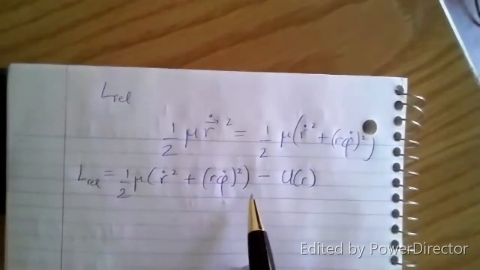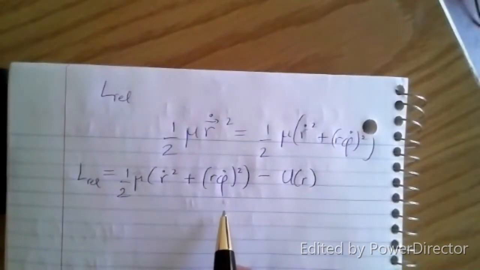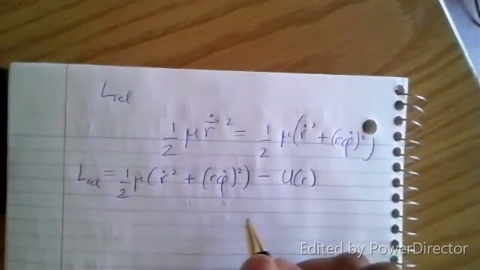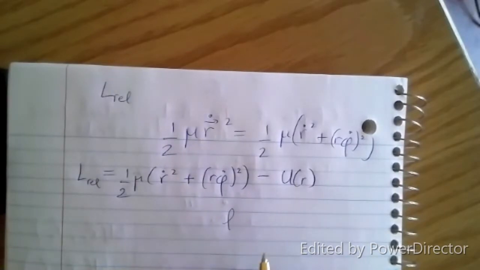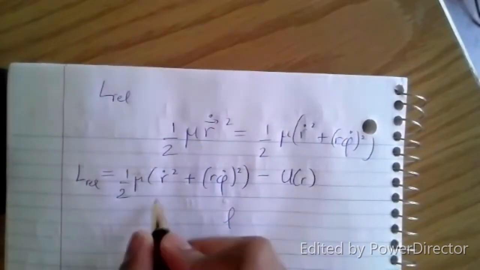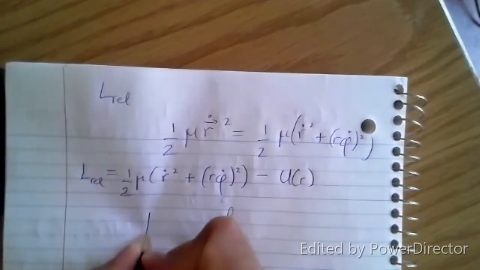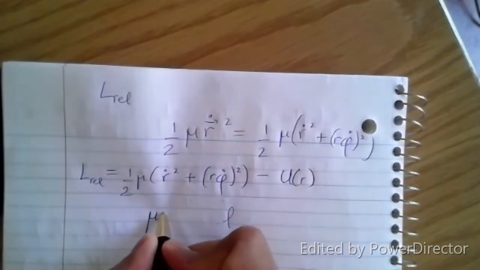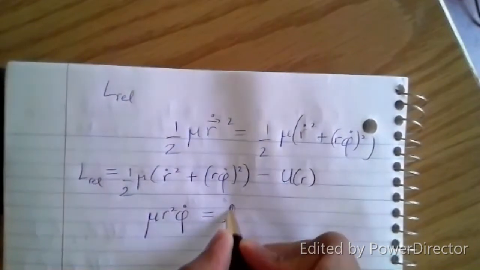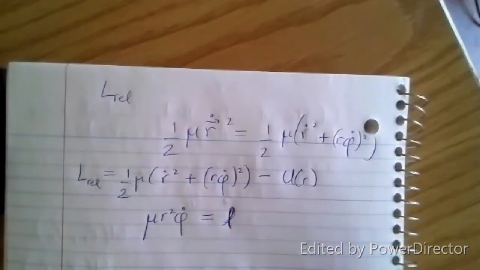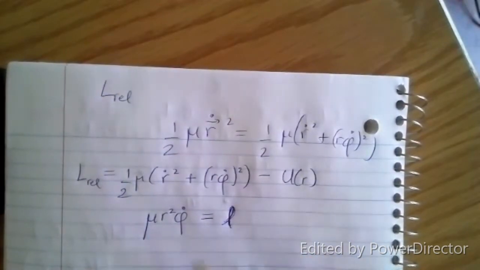And we can do the usual Euler-Lagrange stuff. And what we find, unsurprisingly, is that for the phi equation, we see that angular momentum is conserved. And so we can relate phi dot to L. The particular relation that we have is mu r squared phi dot is equal to the angular momentum L. MVR, yes, okay.